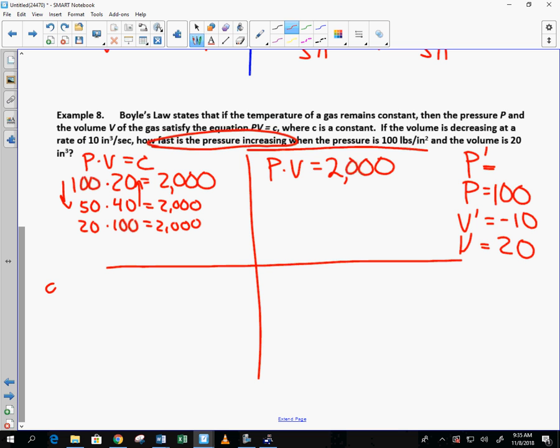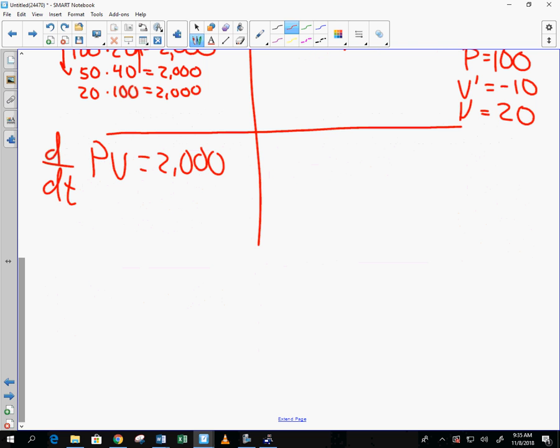So I'm going to take the derivative with respect to time of PV equals 2,000. Now, we definitely have two variables here, don't we? And they're both changing, so you can't plug something in and just get rid of it, can you? So we have to use what? Product rule. So what's the derivative of PV? P prime times V plus V prime times P. What's the derivative of 2,000? 0.